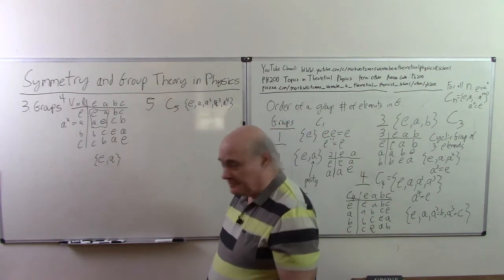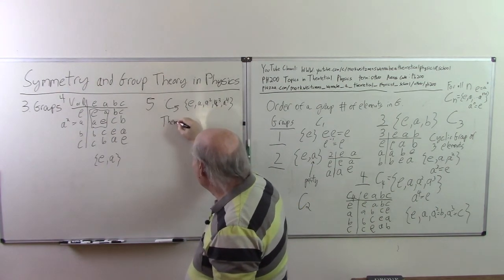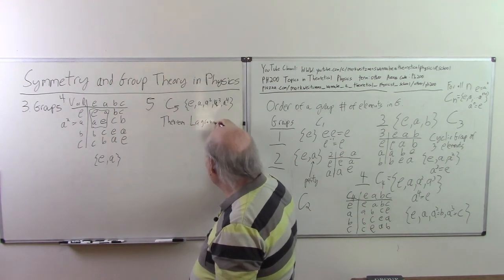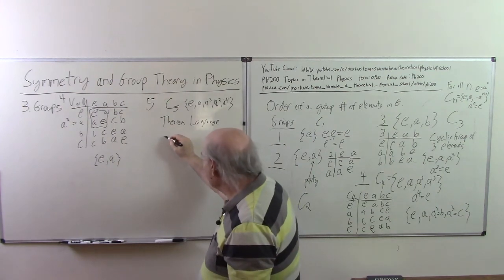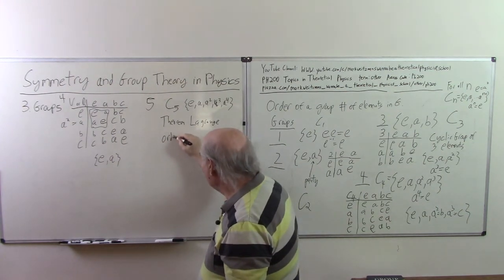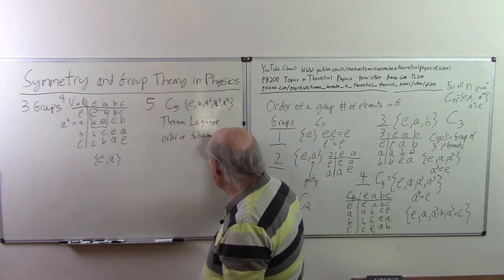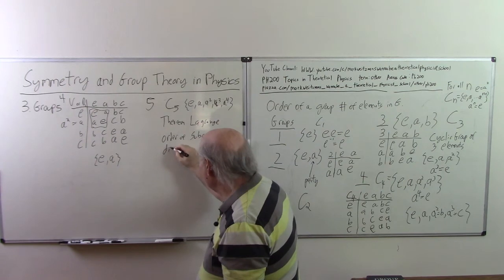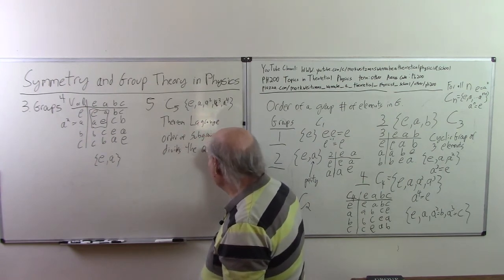Now one theorem, this is Lagrange, I believe, says that the order of a subgroup, the number of elements in the subgroup, divides the order of the group.